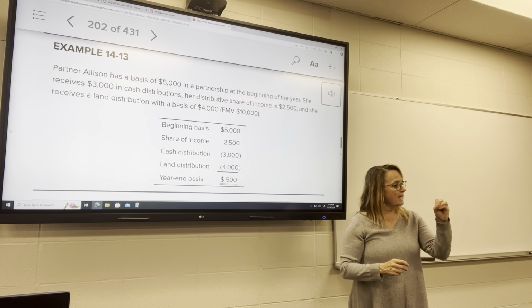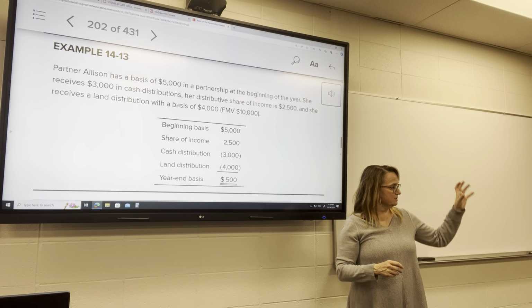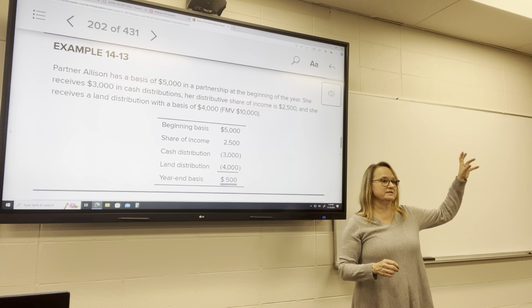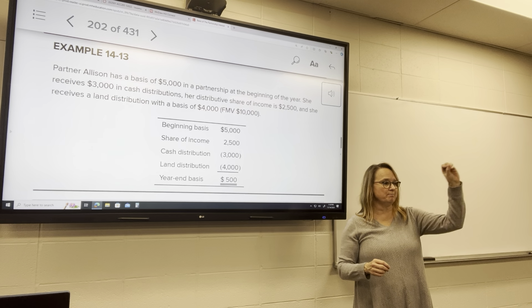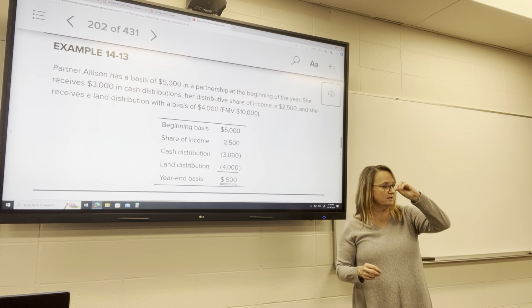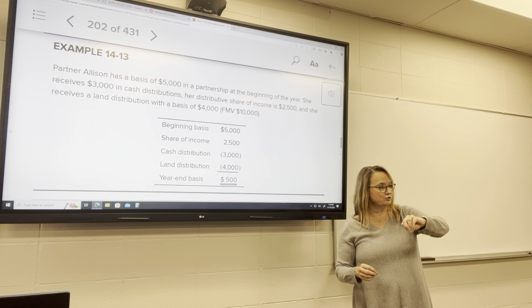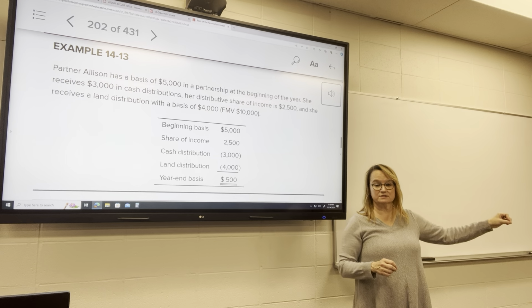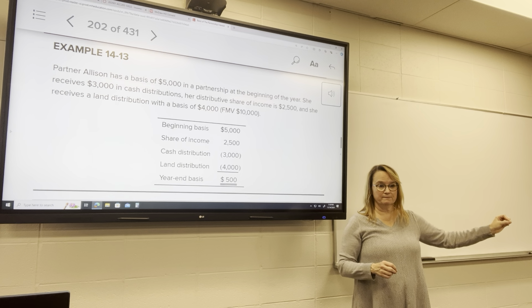So just like the basis transfers if it's a piece of property from the partner to the partnership when it's donated, the same thing occurs if it's given from the partnership to the partner. So we're still going to use the basis, not the fair market value.